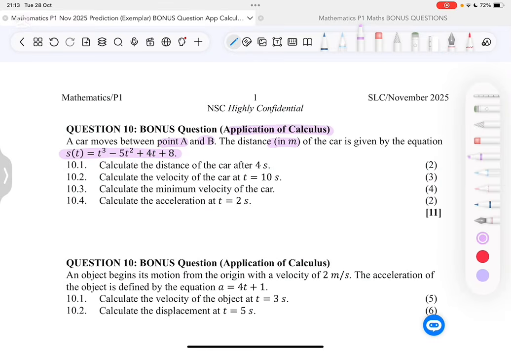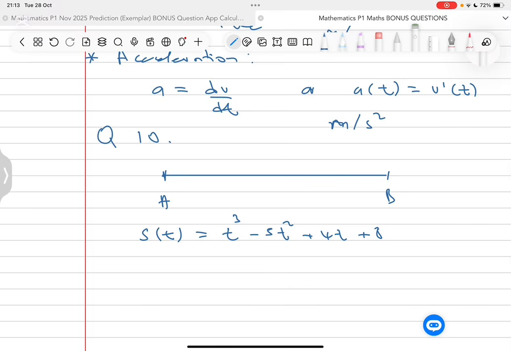Now here they say to us 10.1, calculate the distance of the car after 4 seconds. Now if the car moves from here, point A, and then it travels for 4 seconds, the time here is 4 seconds. They want to know then what is this distance? Well, as I said, you can clearly see that this is a function. So we're going to look at the function value.